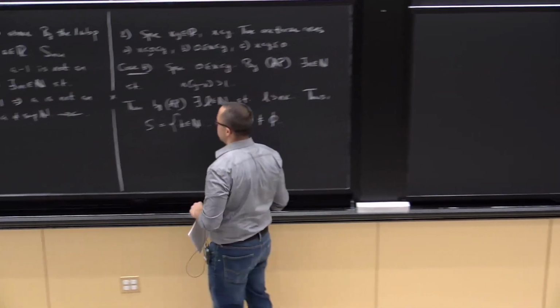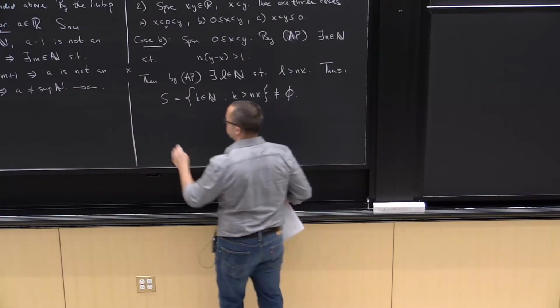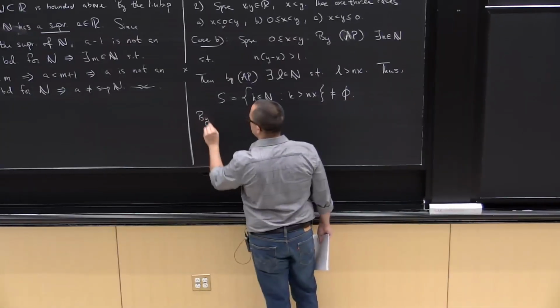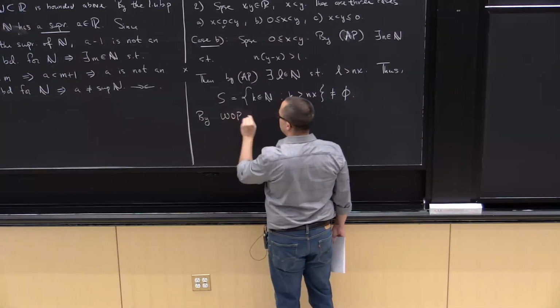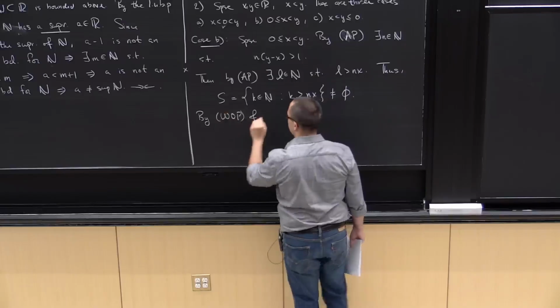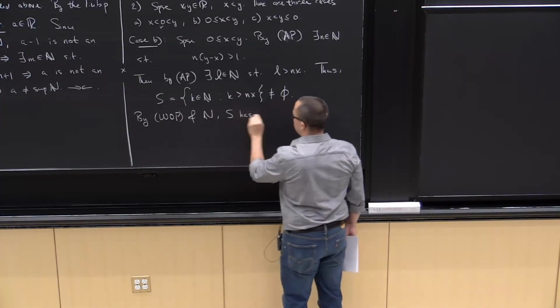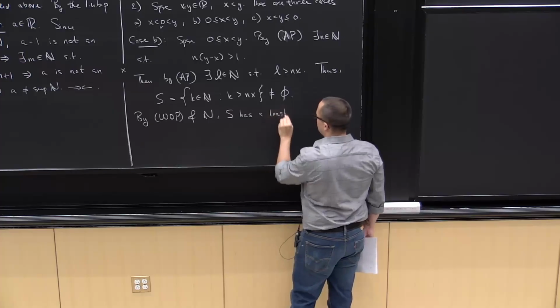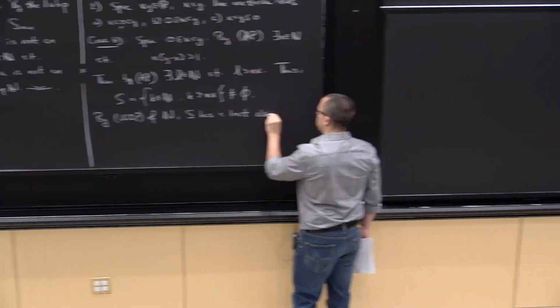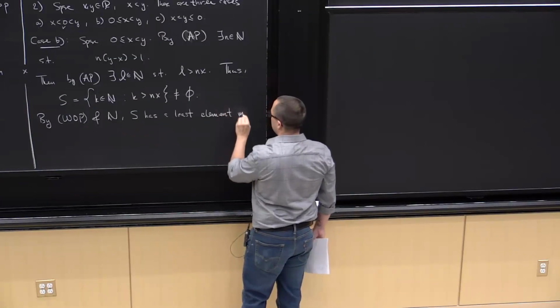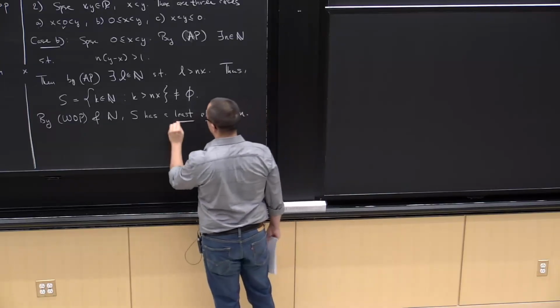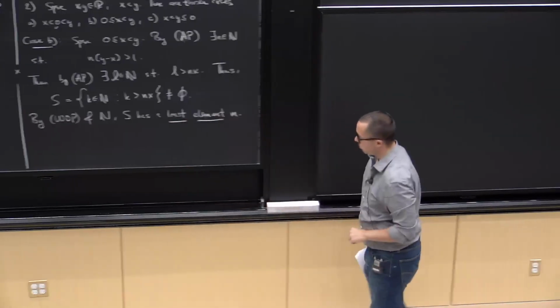So this is a subset of the natural numbers, so it has a least element. By the well-ordering property of the natural numbers, S has a least element, M. Okay?